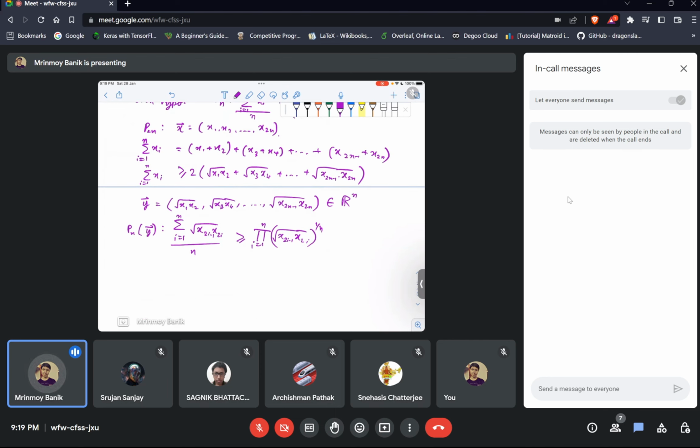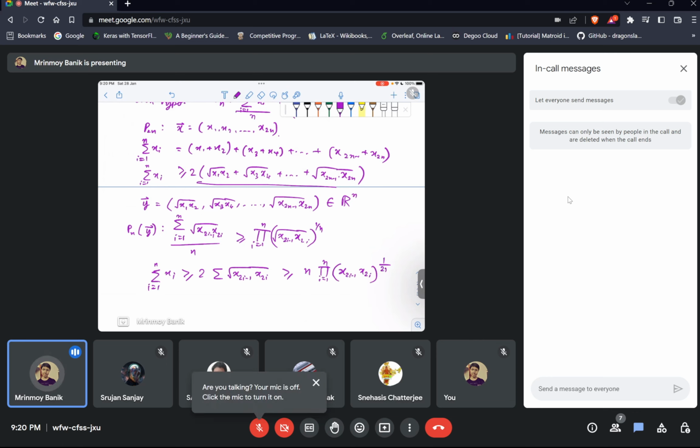Using Pn here, we are able to say the sum over i from 1 through n of xi is greater than twice the sum of square root of (2i minus 1) x to y, which is greater than n times the product of x to i minus 1 times x to i, whole power 1 by 2n.